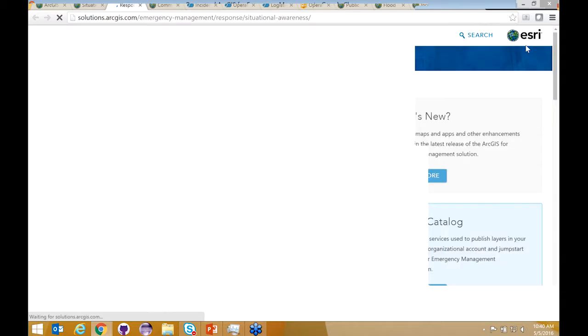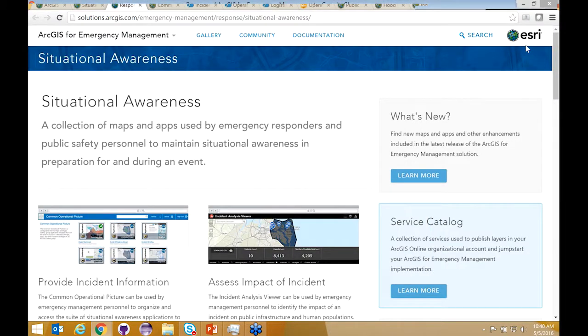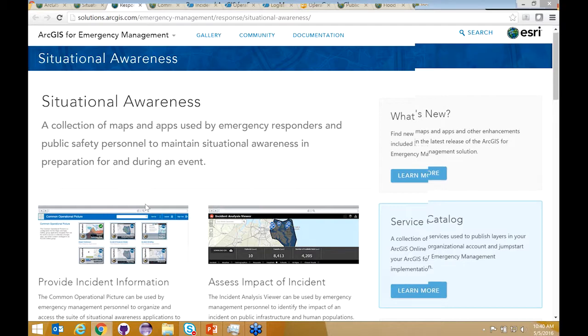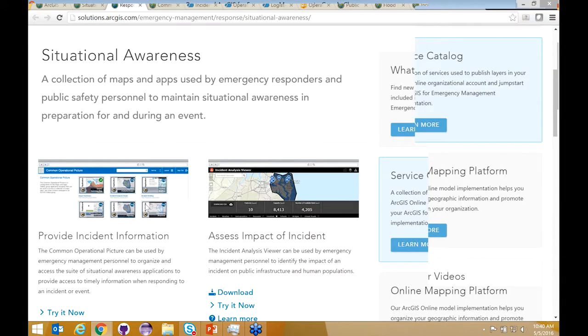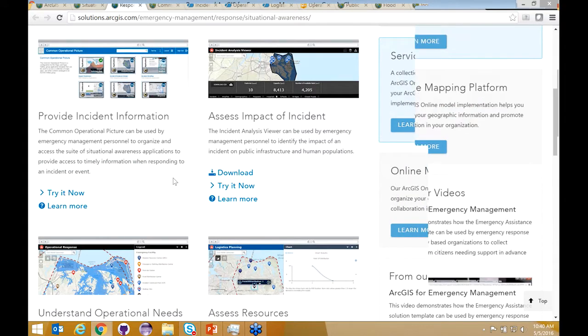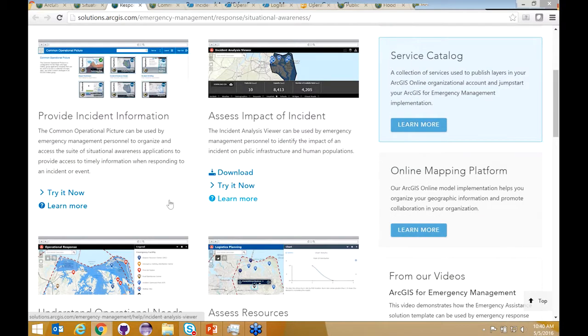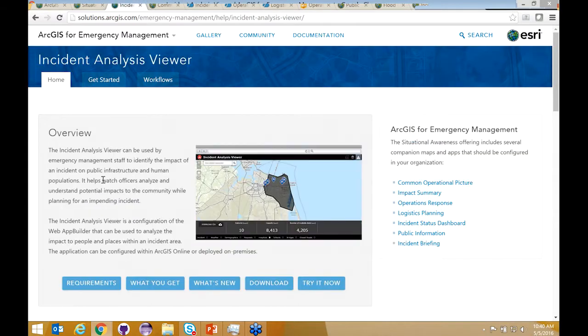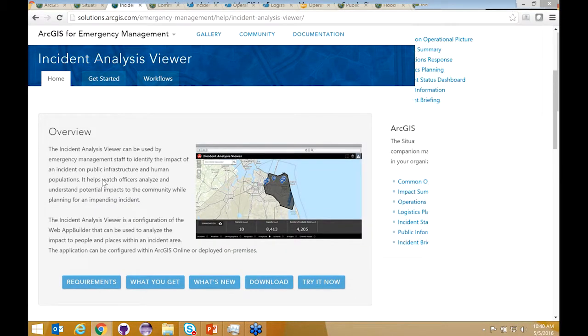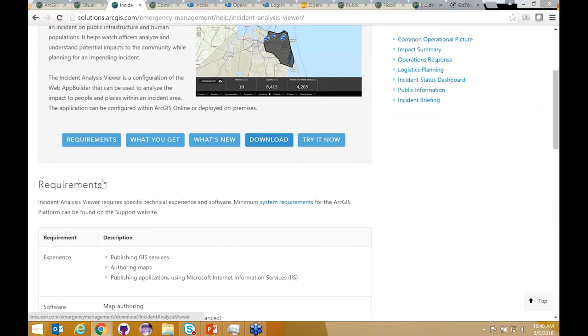Once you get through those steps, then the situational awareness offering is presented to you, and you can see how to access each of the applications that I showed. They're all fully documented, so if you want to know, let's say, how to access and create the incident analysis viewer, you can go and download the content or the data that we've provided and configure it using our sample data.